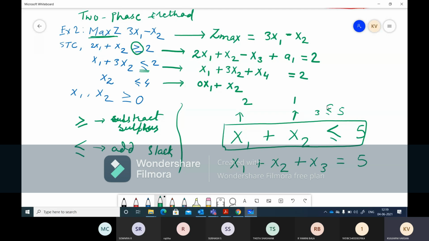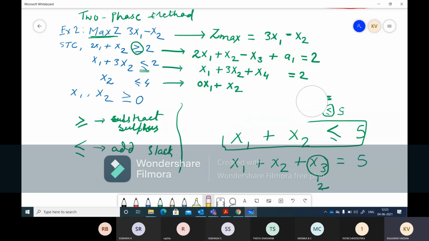But when we want to convert this symbol to equal to, the left side is only 3 while the right side is 5. LHS is 3, RHS is 5. We cannot say 3 is equal to 5, but we need to convert it into an equality. So how much is less? 2 is less. So if we add 2 over here, that answers when to use a slack variable, as you asked.